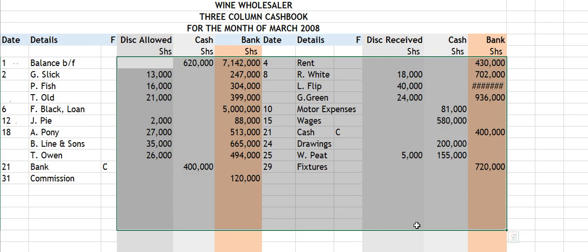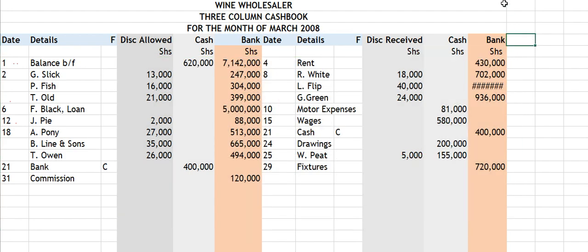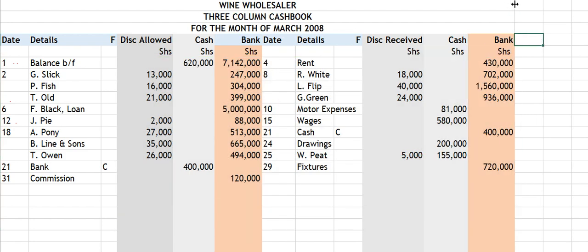Now when it comes to balancing of accounts, we have to insert a balancing figure on the smaller side of the account. When you look at the amounts on the debit side and the credit side, you'll see that the debit side, for both cash and bank, is bigger.